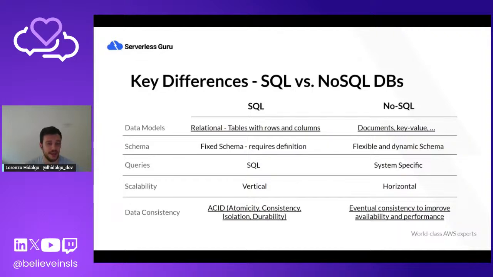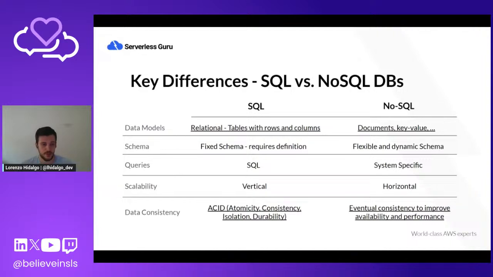And data consistency. Please, please, please, this is one of the most important parts of the talk, where most of the issues come from. SQL does provide data consistency with ACID: atomicity, consistency, isolation, and durability. DynamoDB and NoSQL databases don't provide that type of consistency. They only provide eventual consistency, and this is done in order to improve availability and performance.